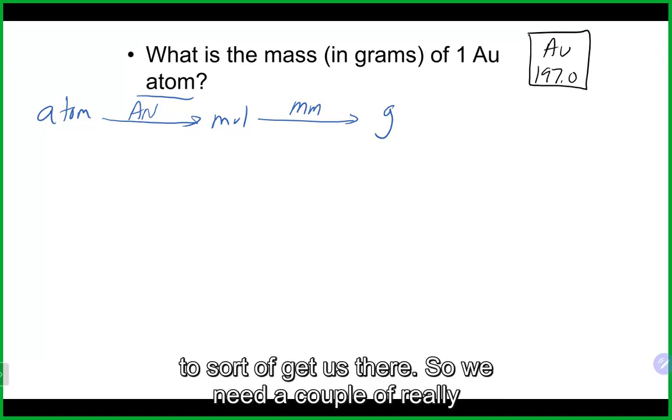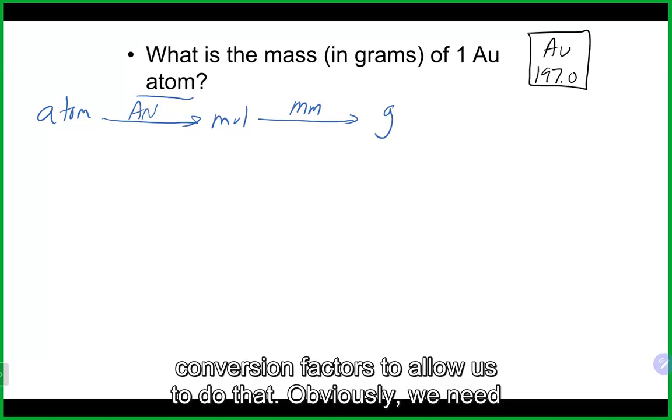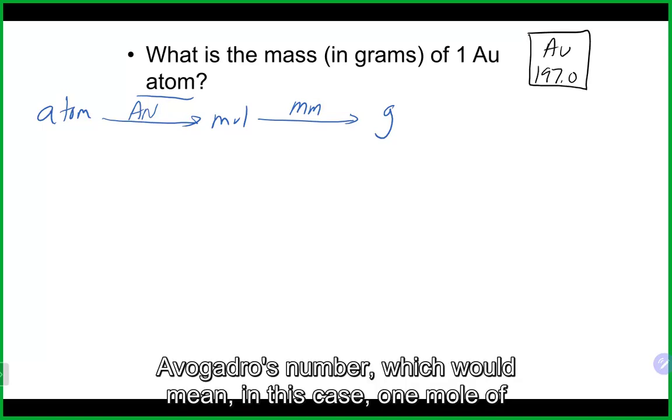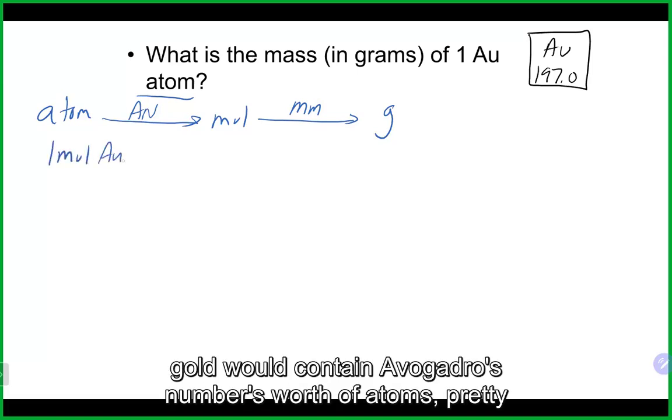So that is the pathway we want to go. We need a couple of conversion factors to allow us to do that. Obviously, we need Avogadro's number, which means in this case 1 mole of gold would contain Avogadro's number worth of atoms.